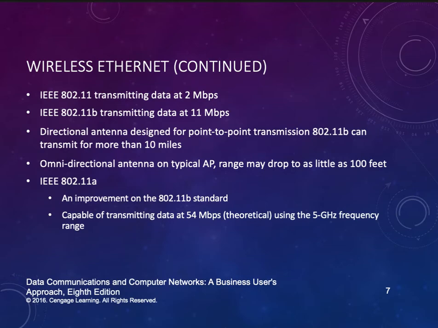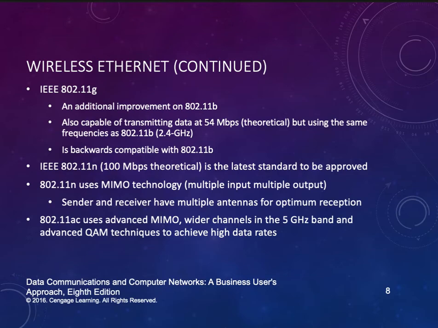Next we have 11g, which transmits at 2.4 gigahertz for 54 megabits per second. For the 11n, it's 100 megabits.